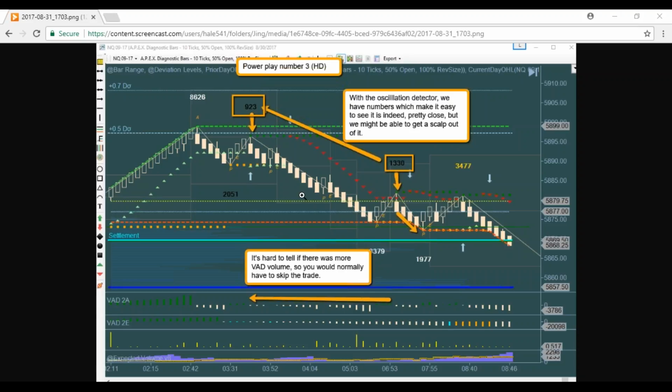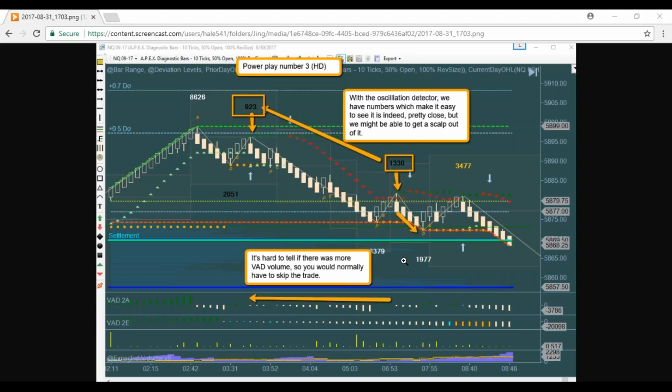Well, what do numbers tell you? They're close, but 923 on this 3-bar pullback compared to 1330. Okay, that helps. Does that help you? When you're kind of like, well, okay, big enough difference, I'm going to take that down for a quick scalp.